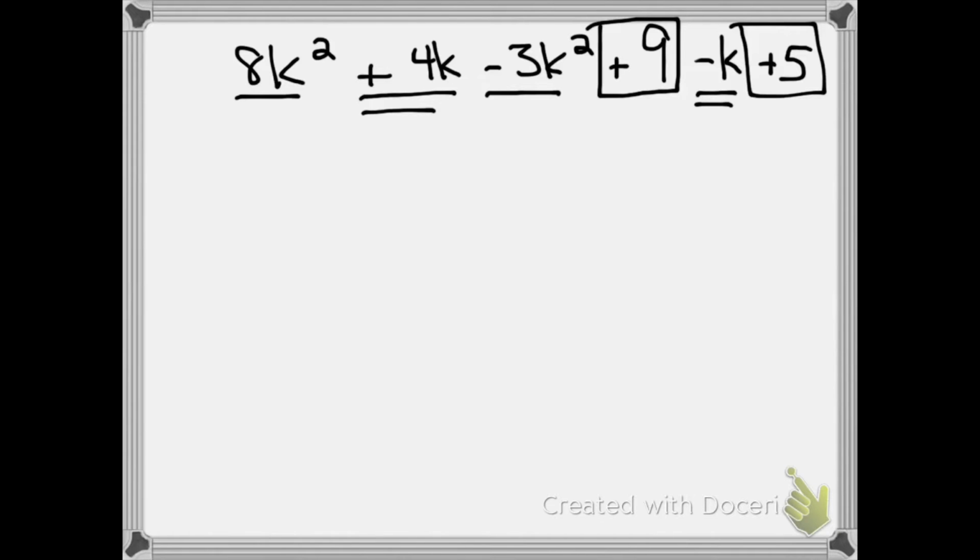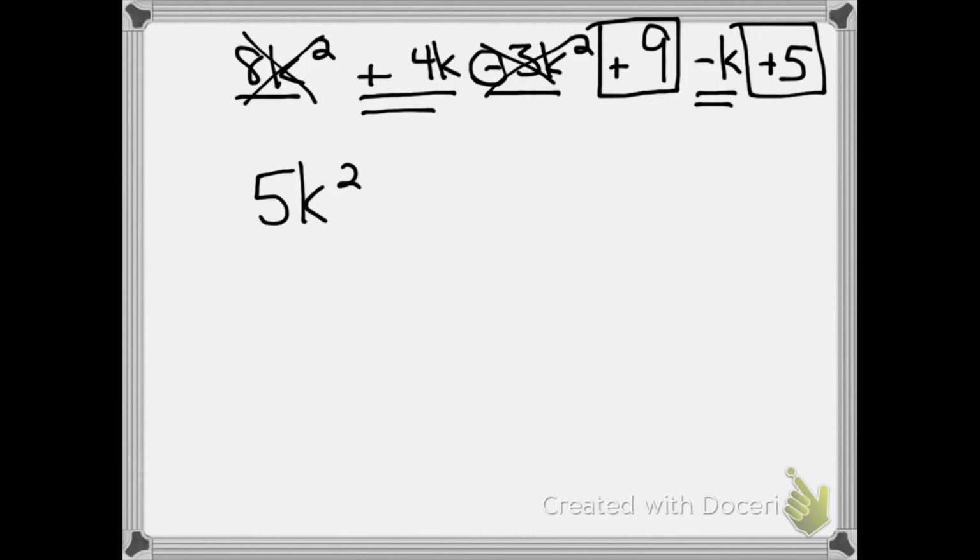So we have 8k squared minus 3k squared. So you take note of the sign in front of this, right, which indicates that we're going to subtract. So we have 5k squared. I always like to cross them out as I go so it's less to look at. All right, then we want to go to our k's. All right, we have plus 4k minus k.